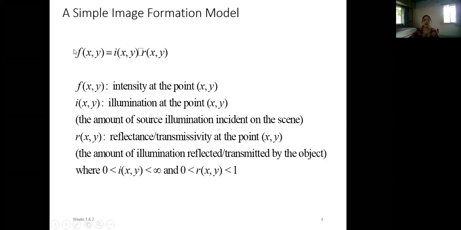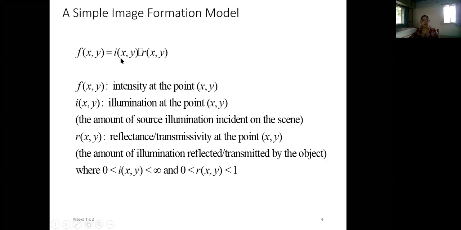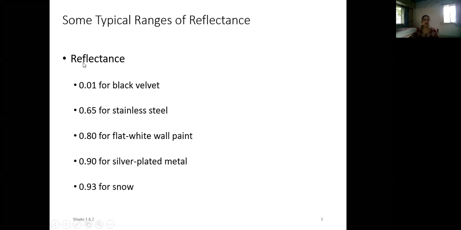Now, according to your image capturing technique, this illumination component varies. Okay, so these are the typical values of reflectance for various objects. For black velvet, the reflectance value is 0.01.